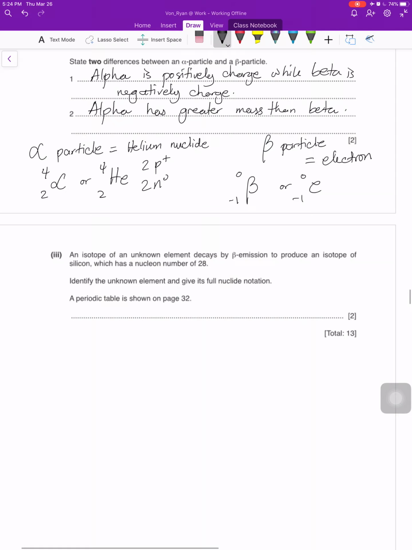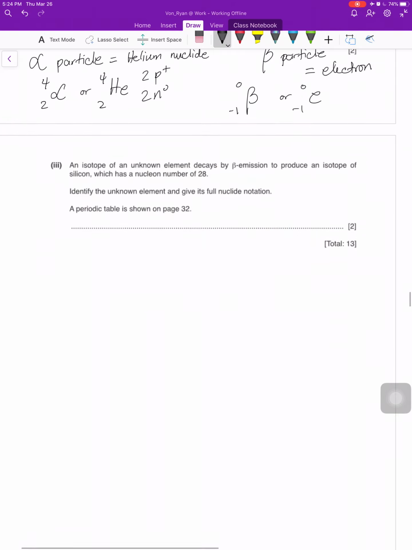Now, an isotope of an unknown element decays by beta emission to produce an isotope of silicon, which has a nucleon number of 28. Identify the unknown element and give its full nuclide notation. So a periodic table will be given in your exam.